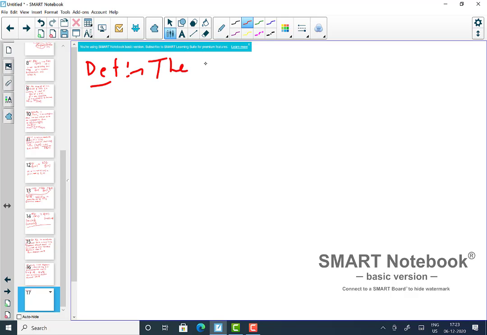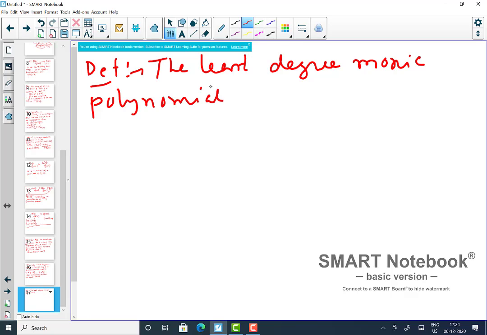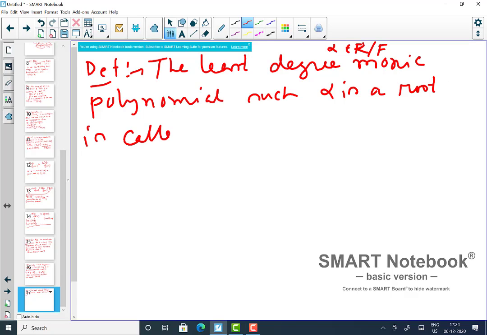The least degree monic polynomial, where I am assuming alpha belongs to K over F, such that alpha is a root is called the minimal polynomial.